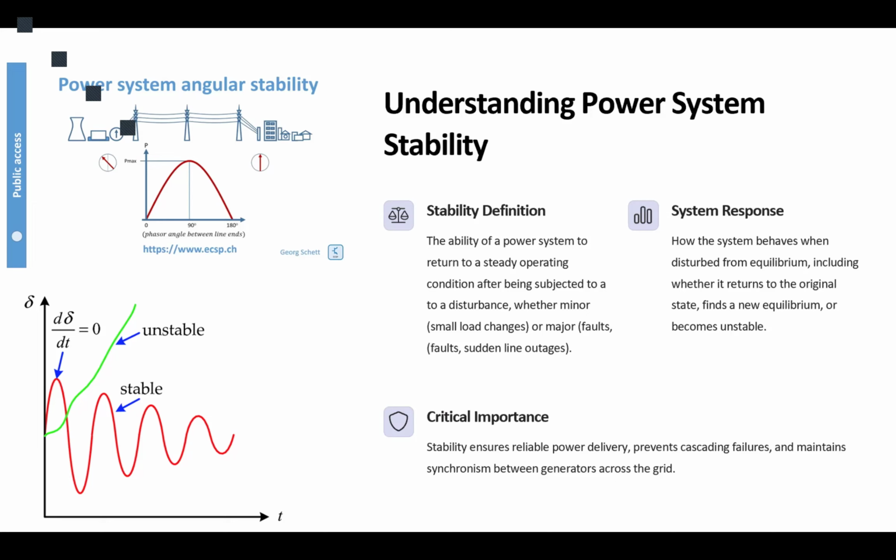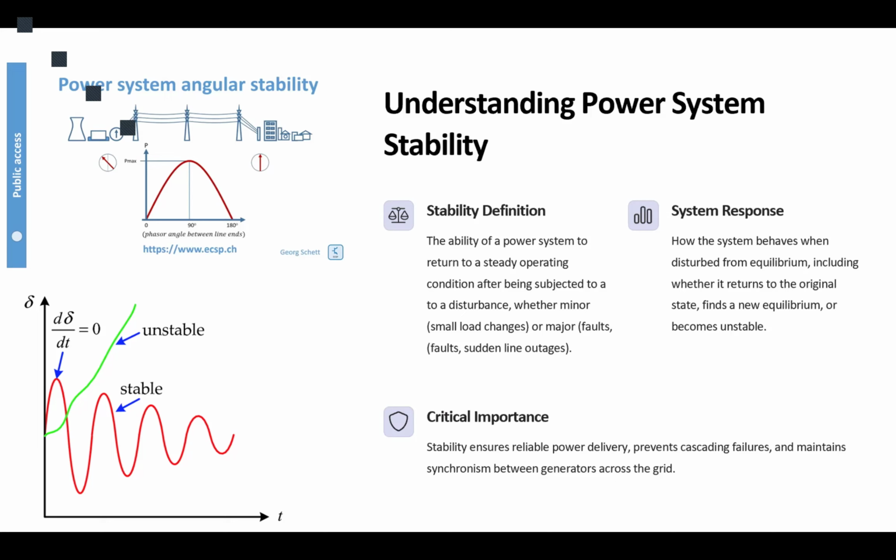Now, one of the concepts that makes stability analysis important is that if the system is not stable, that means we cannot provide a stable, constant frequency, and we cannot guarantee the synchronism of all the generators in our system.